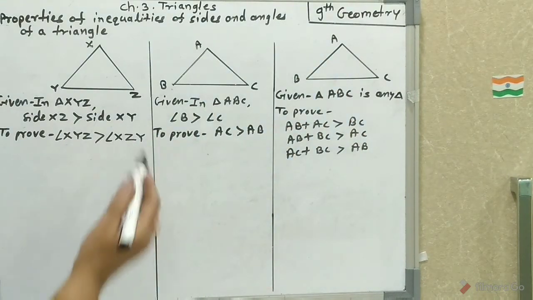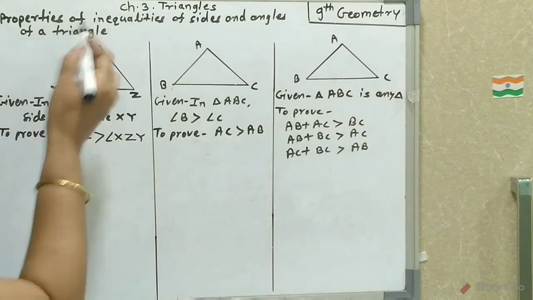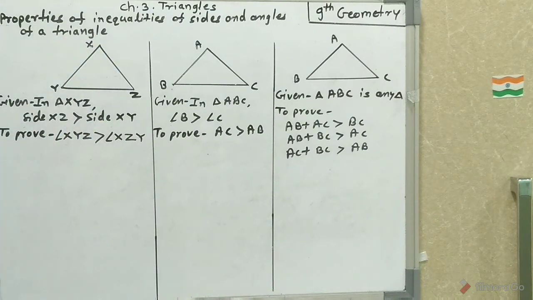So these are the three theorems related to properties of inequalities of sides and angles of a triangle. We solve some examples related to this concept in practice set 3.4.